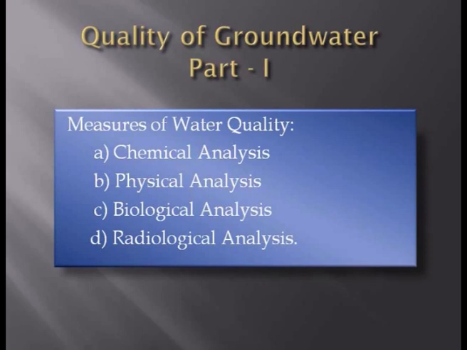Number 1 is chemical analysis, second is physical analysis, third is biological analysis, and fourth is radiological analysis. Because sometimes, due to human activities, groundwater quality is deteriorated, or we can say groundwater is polluted, then radiological analysis is also important.